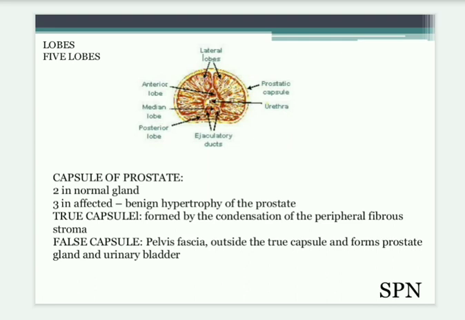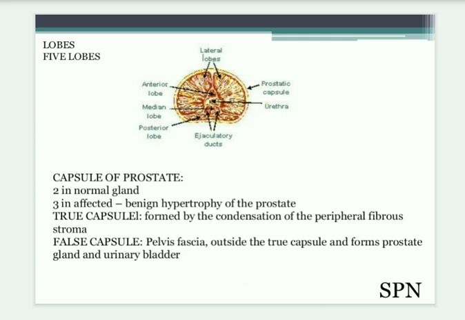As of now, the glandular tissue is divided into 3 lobes, 2 lateral and 1 median, but initially it was divided into 5 lobes.